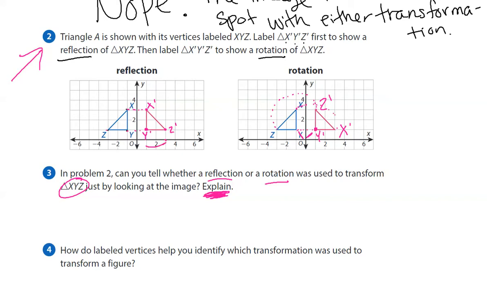Look, this one has Z down there. This one has Z prime up there. So the points aren't all in the same spot now, are they? So can we tell? Yes. And explain it. When the vertices are labeled, you can see they're in different spots.